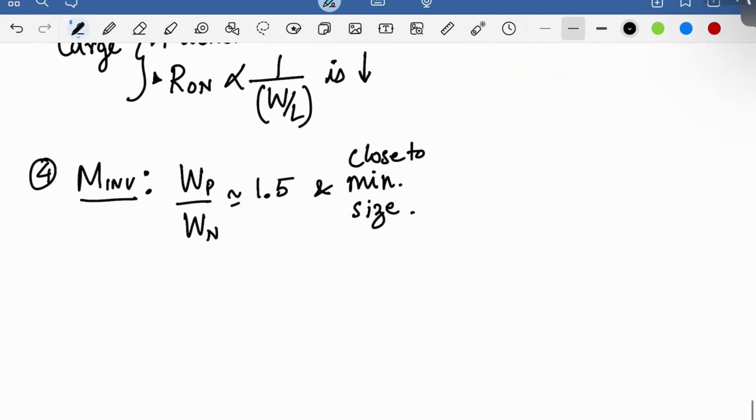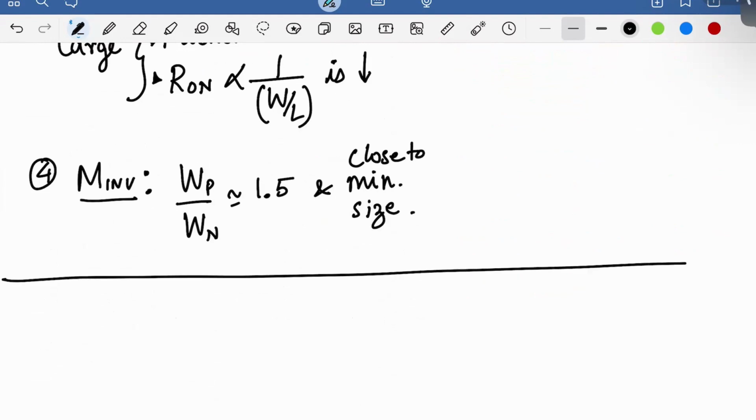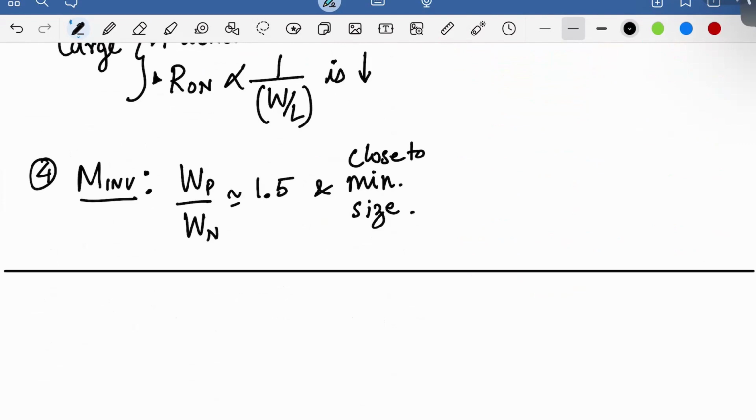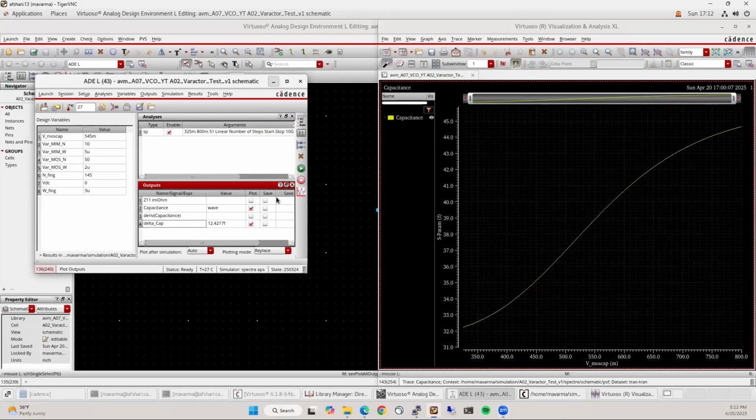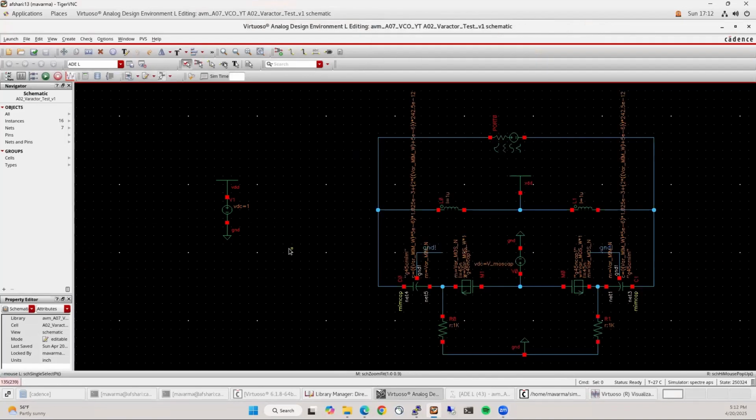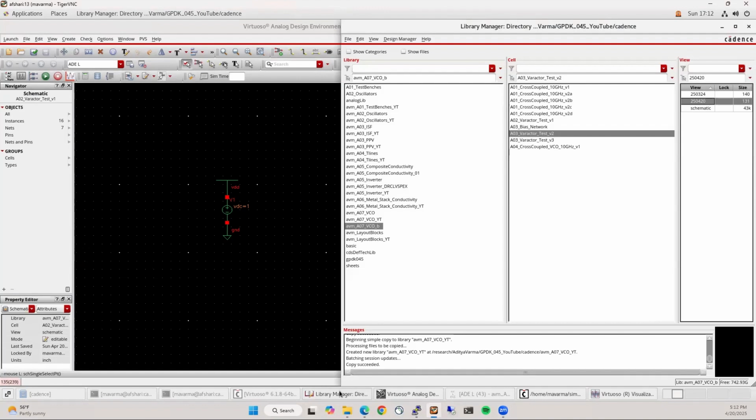So now we can go ahead and actually design this cap bank in Cadence. So let's do that. Okay, so this is where we left off last time, just before we went back to the drawing board. So we need to make essentially a bias network.